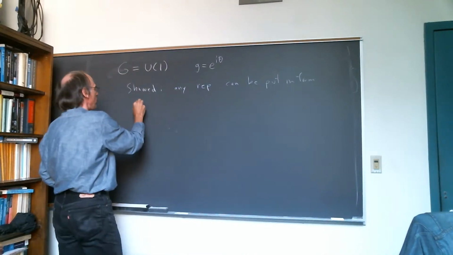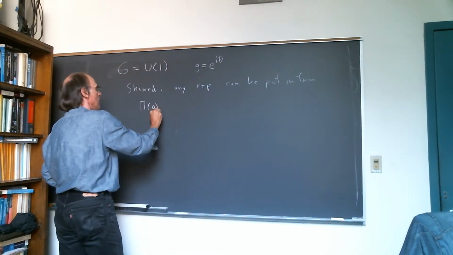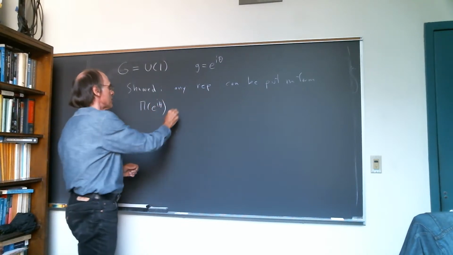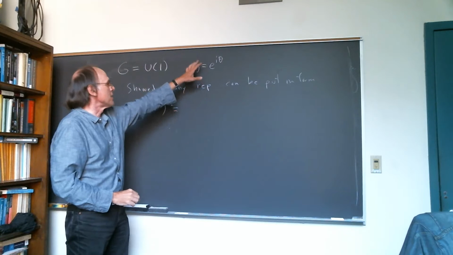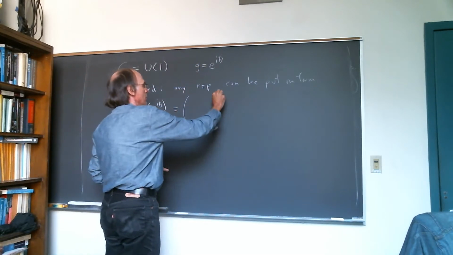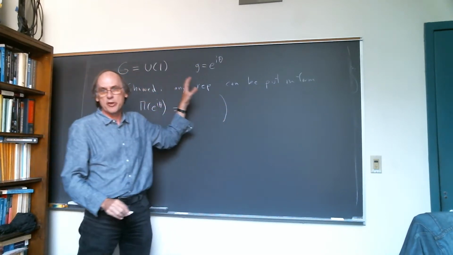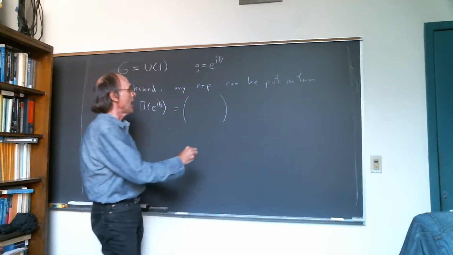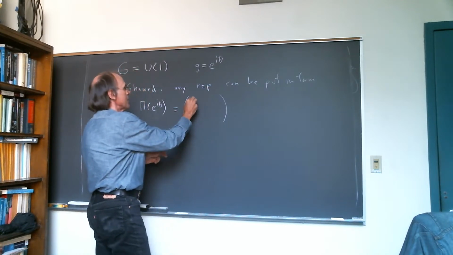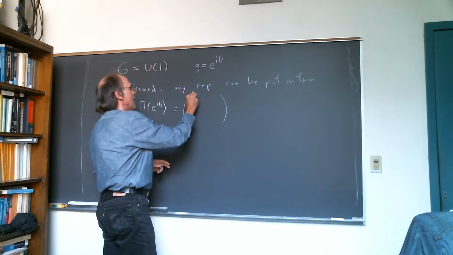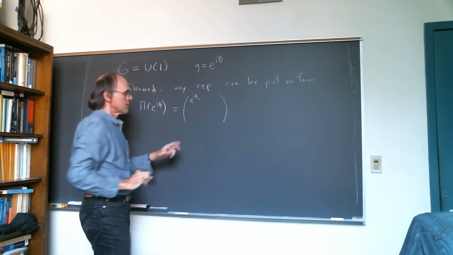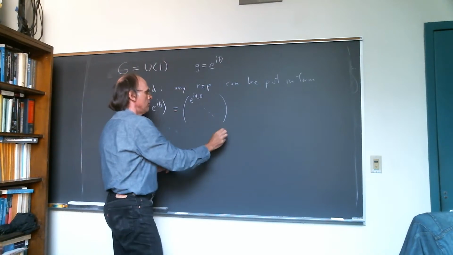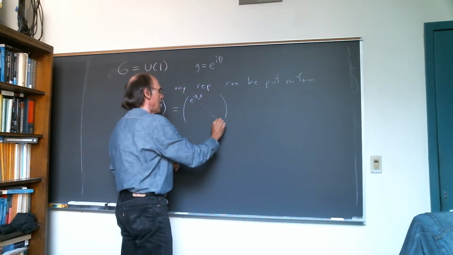Pi of g, or pi of e to the I theta, just acts diagonally. You can break up the space on which you're acting into these sub-representations, subspaces of dimension 1, and on each such subspace it acts as e to the I, some integer times theta, and so on down the diagonal.